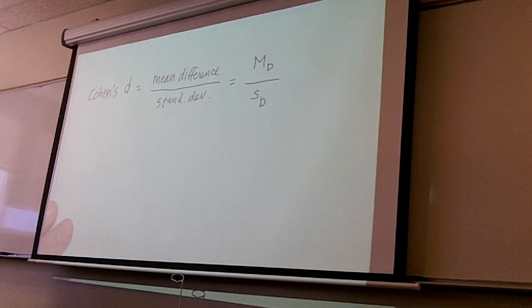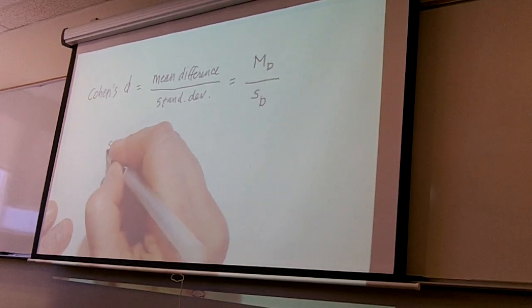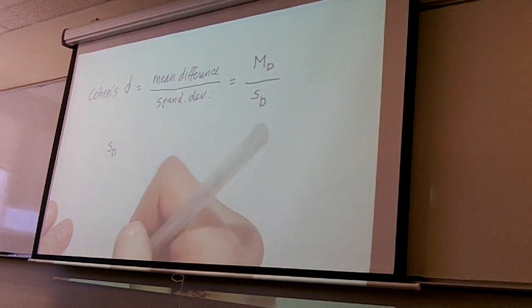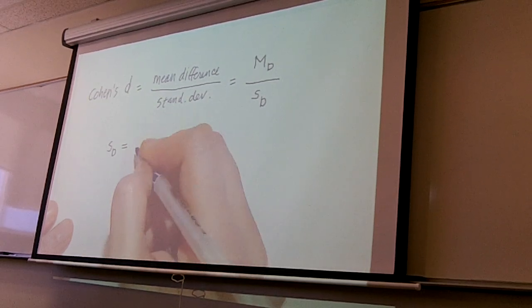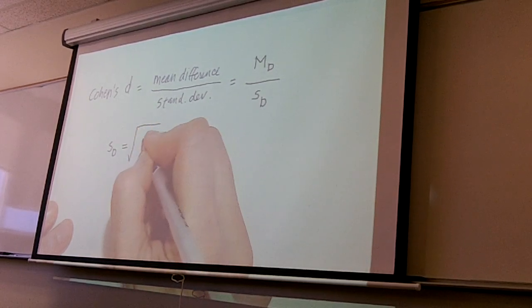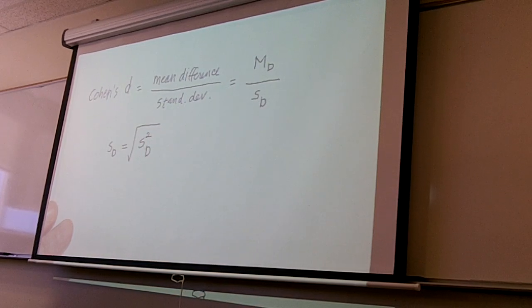So then the question is, how do I get the standard deviation of the difference scores? Because I haven't calculated that yet. Well, the standard deviation of the difference is going to be the same thing as what? The square root of the sample variance of the difference scores, because standard deviation is the square root of the variance. You did actually teach me something useful.